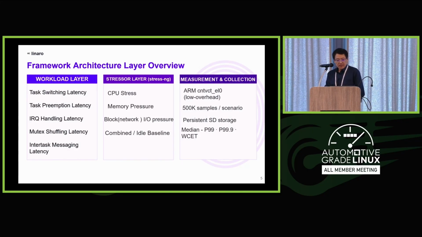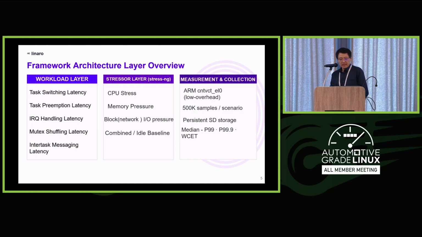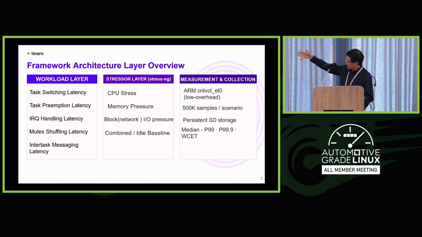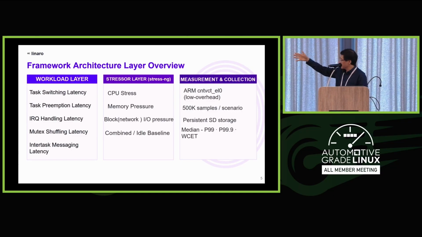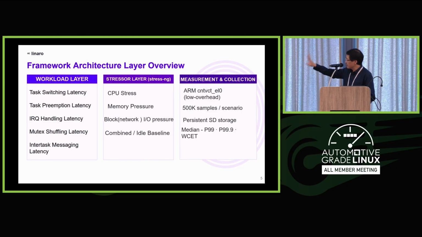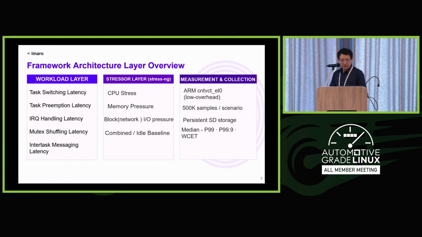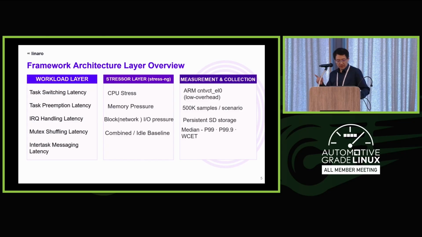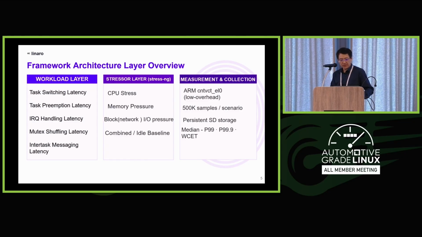So this is the framework architecture overview. On the most left side is the built-in metrics, five basic metrics. We're going to collect task switching, task preemption, and interrupt handling latency, and also mutex shuffling latencies, and also inter-task message latencies.